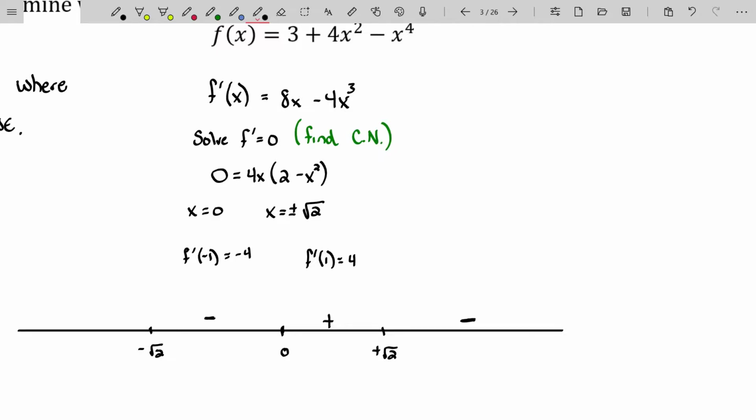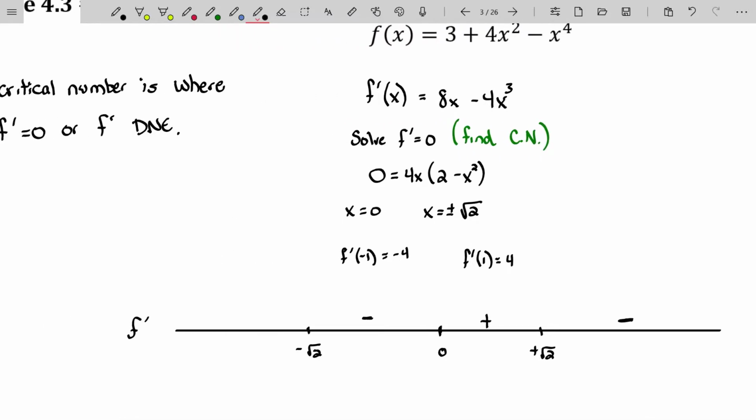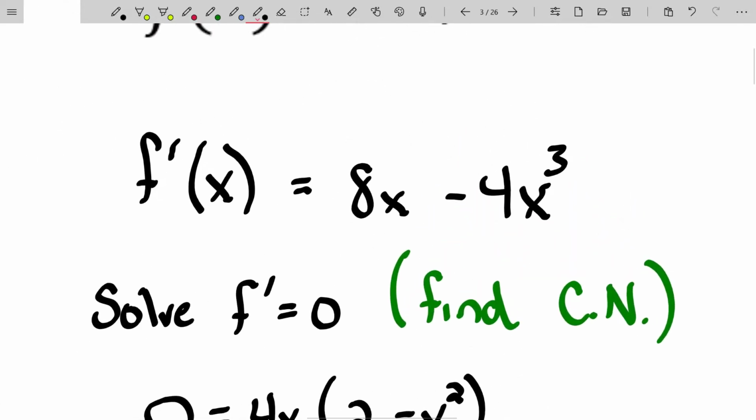If I were to go to the other edge and plug in, let's say, a negative trillion, well then, I have a negative 8 trillion, that's a hugely negative number, minus a negative trillion being cubed times 4. Well, first of all, minus is positive, and trillion cubed is massive.